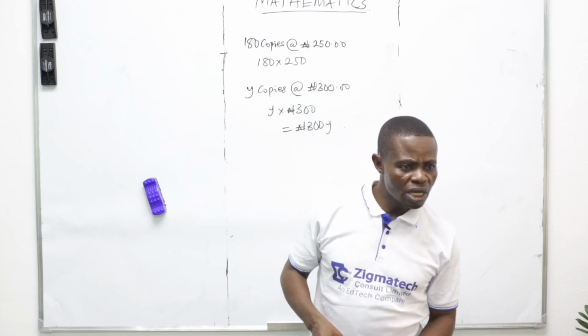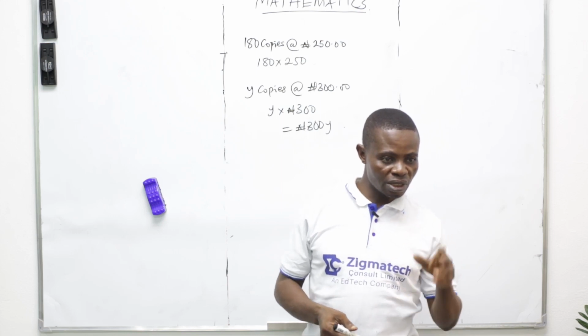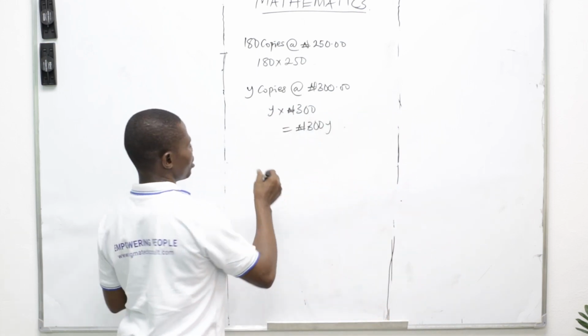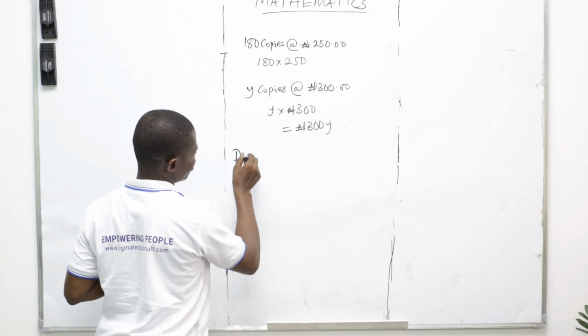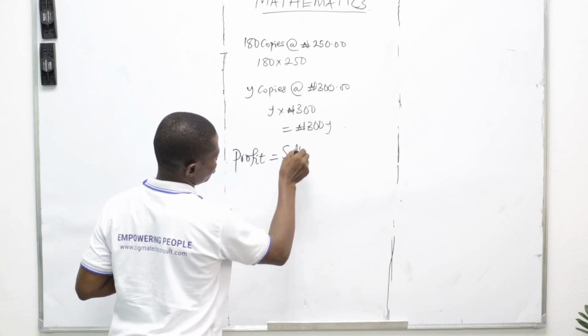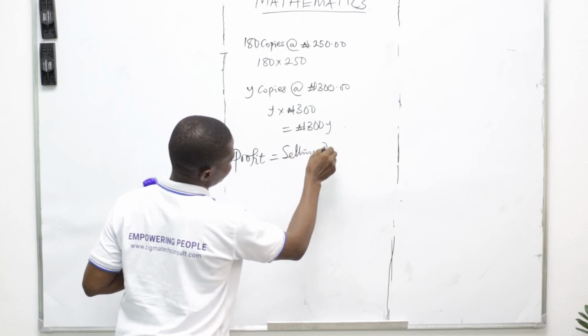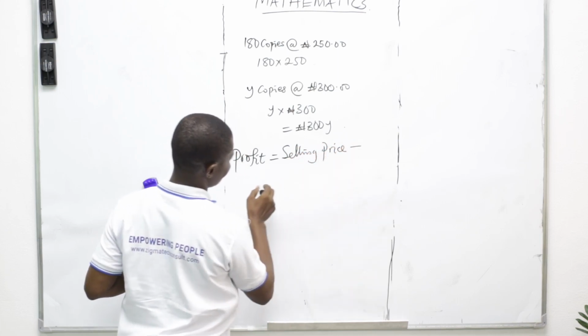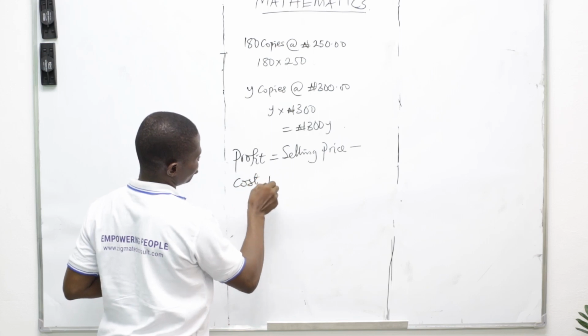So, if he made a profit, you now remember, profit equals selling price minus cost price.